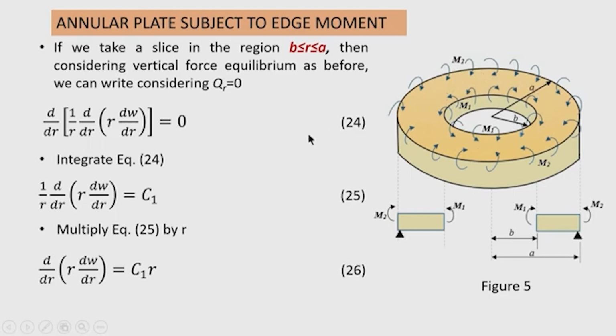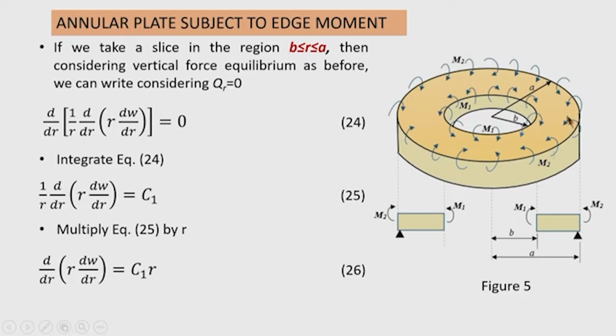Now, here we are examining a case where the annular plate is subjected to a moment at the edges. So, at the outer edge the moment is M2, at the inner edge the moment is M1, and you can see here that the inner edge has a radius of b, that means the radius of the hole is b and the outer radius is a.